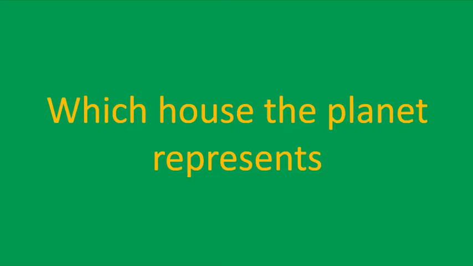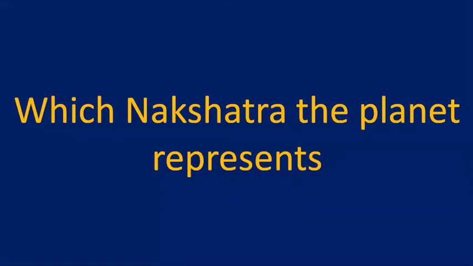Let's see what's next in our 9 simple methods. Which nakshatra the planet represents? This is also very important. So let's say Saturn is in good houses and it's in exaltation also. Here, the next thing you will have to check is the nakshatra placement of the planet.